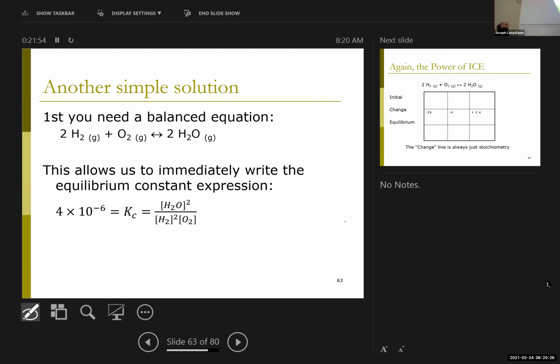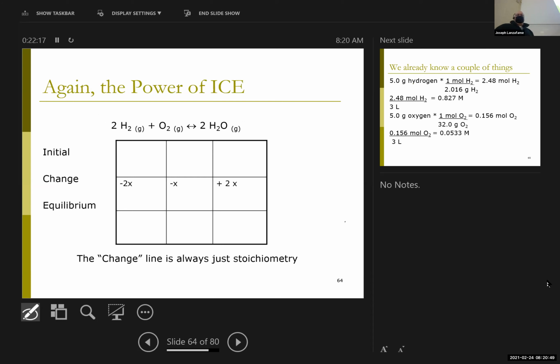My only difference here, unlike the prior problem, is I have a value for K. Right? It's the same ratio of products to reactants, but now K is not unknown. It's 4.1, or it's 4 times 10 to the minus 6. Right. My ice chart is still my ice chart. And again, as I like to say, without thinking, virtually, I can immediately plug in the change line, because the change line is really just stoichiometry.